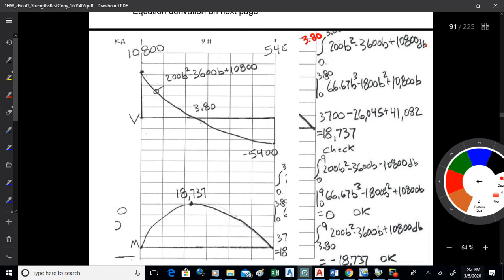And I'll just integrate it. So I'll get 66.67b cubed minus 1800b squared plus 10,800b, and I'll evaluate that from 0 to 3.8. And that comes out to be 18,037. Okay.